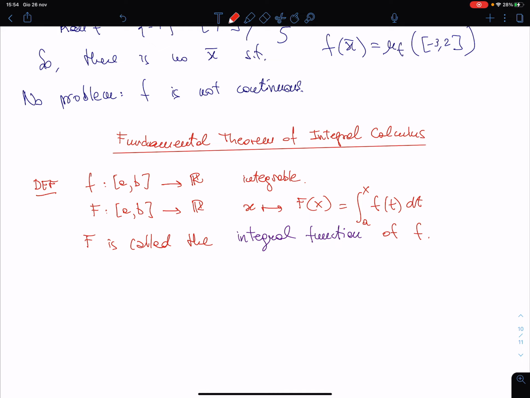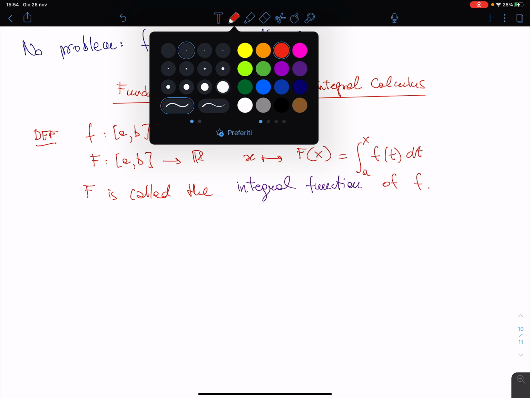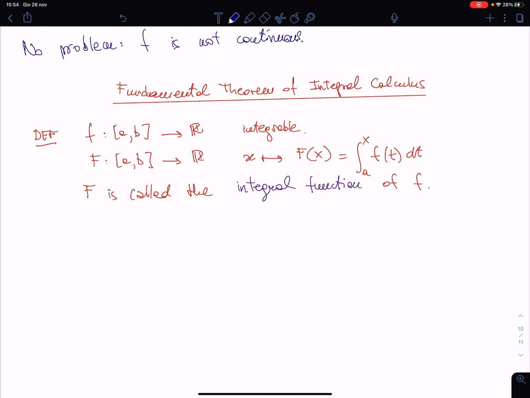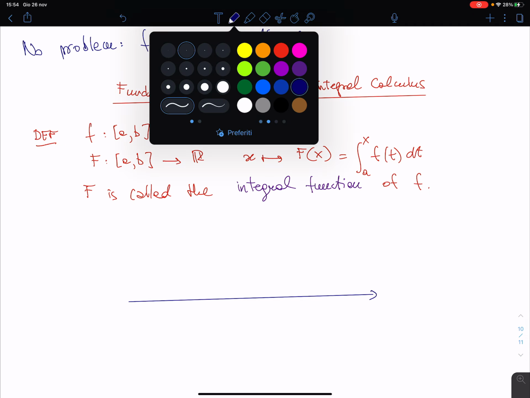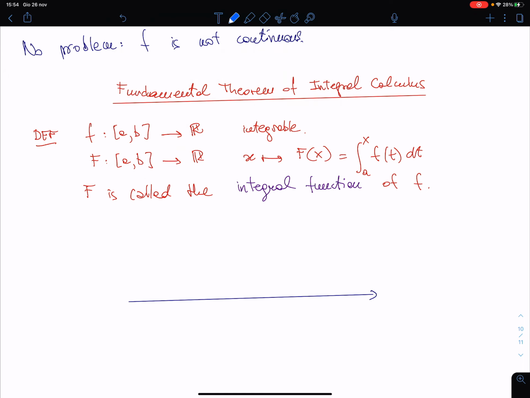It is immediate to represent the function capital F given small f. So here you have a function, for instance, like that. The left extreme of the interval is a, the right extreme of the interval is b.